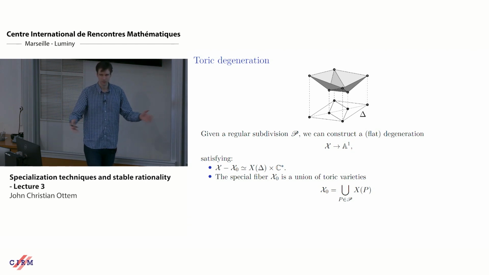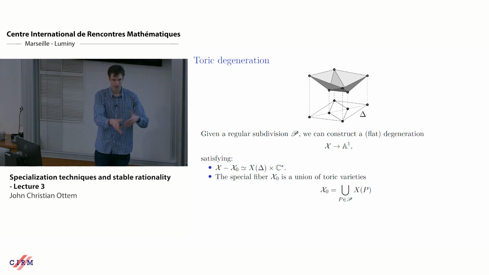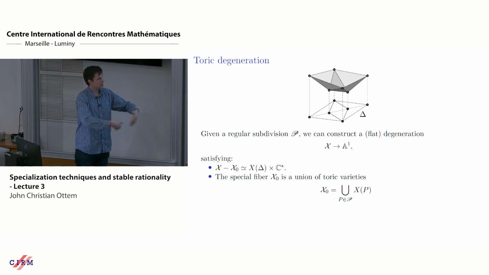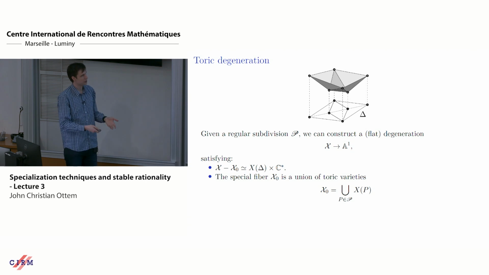So you have some polytope, you find this subdivision, and there's a corresponding degeneration, so that the toric variety breaks up into pieces, and the pieces correspond to smaller toric varieties, where the polytopes appear in the subdivision here.